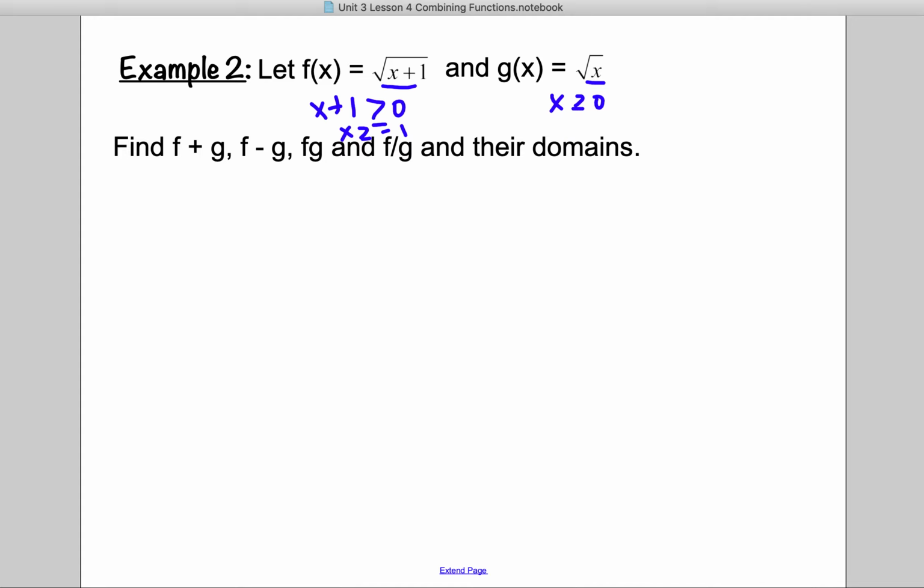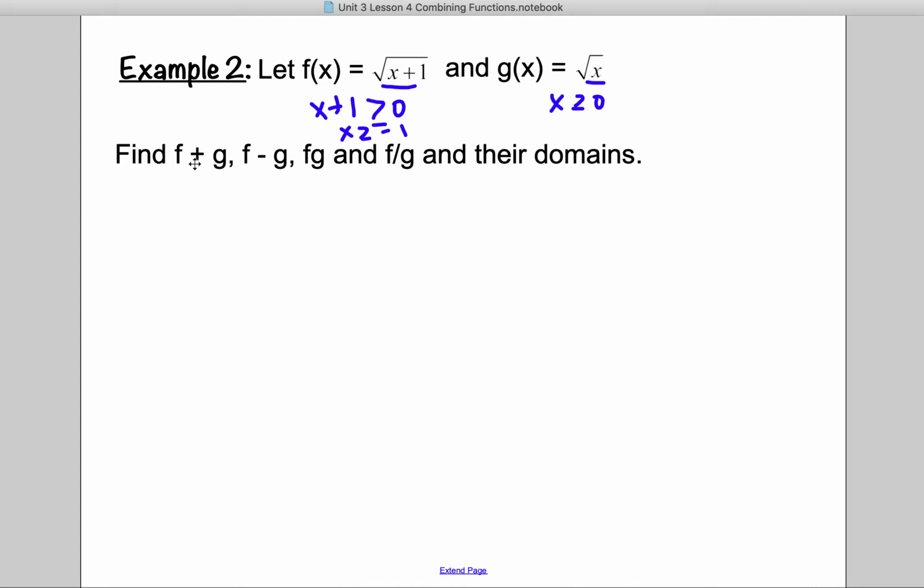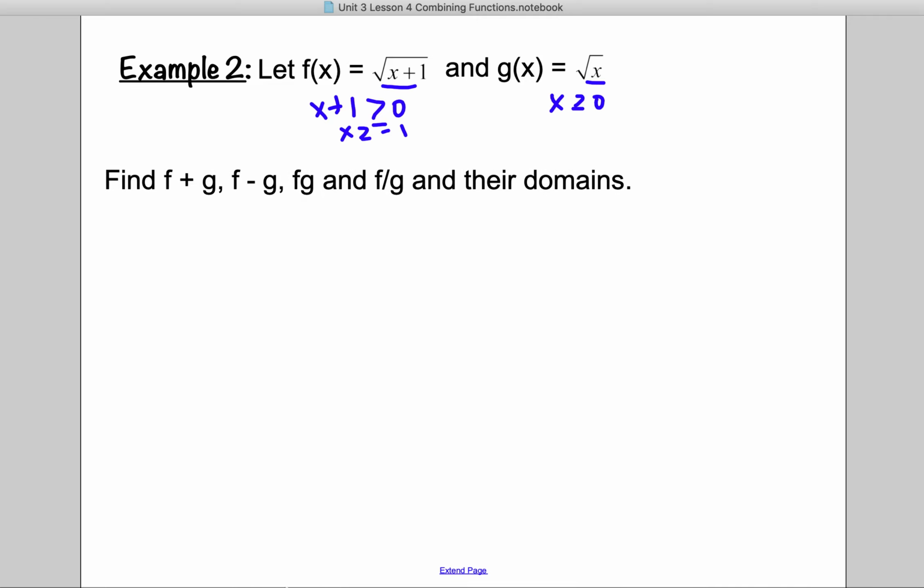This one's kind of hard to see. So we had x plus 1 is greater than or equal to 0, and then x is greater than or equal to -1. There we go. And as you saw before, it's where they intersect. So actually, let's graph this one out and see what happens.